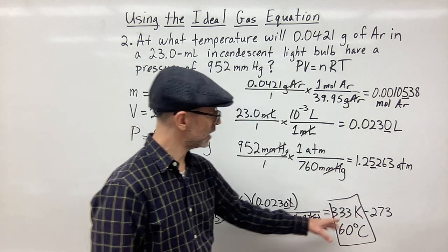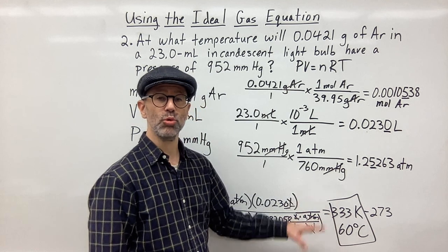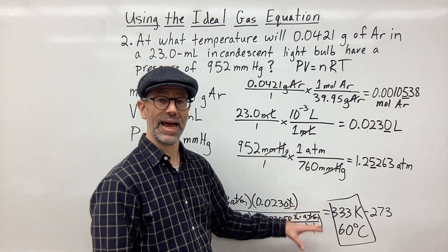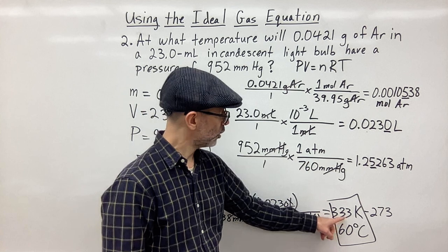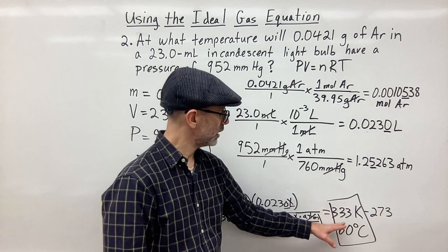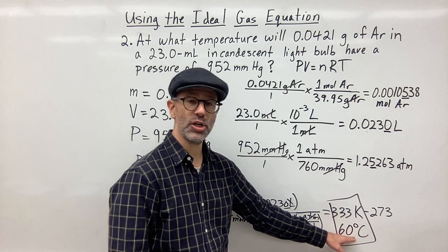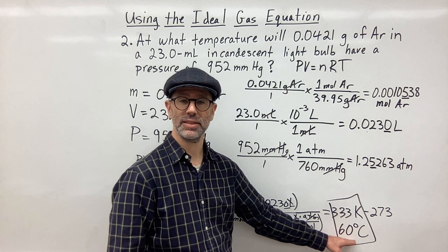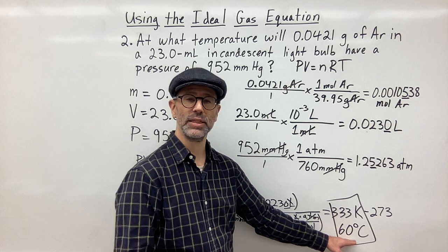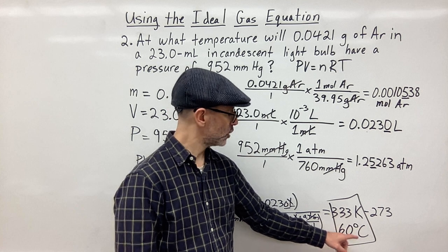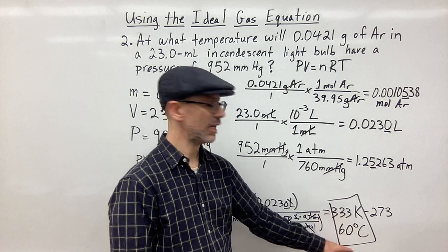The reason is because, remember, with the rounding rule for subtraction and addition, when you subtract 273 from this, your answer should have the same number of decimal places as the least number of decimal places in the measurements that you're adding and subtracting. So here it's not about sig figs, it's about decimal places.